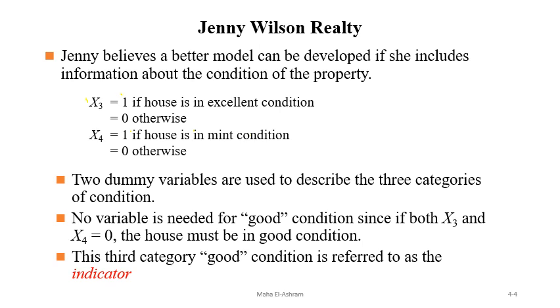In our example, we had 3 categories, so we'll keep one of them, which is the good condition, and then we'll define x3 to be equal to 1 if the house is in excellent condition and 0 otherwise. x4 is equal to 1 if the house is in mint condition and 0 otherwise. And the category good will be what we call the indicator.